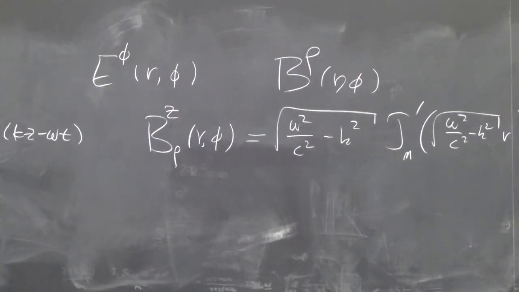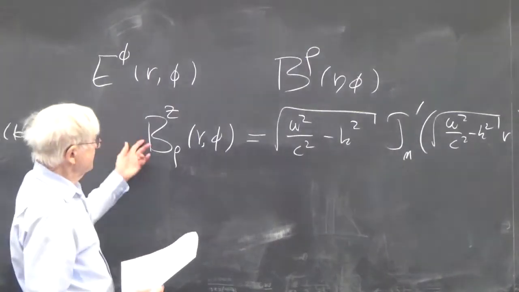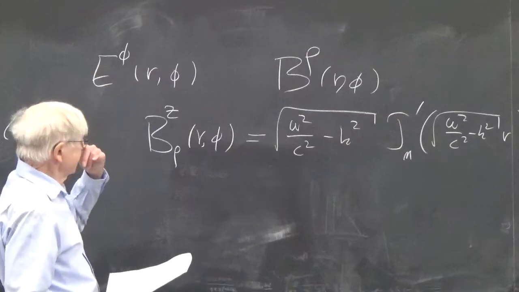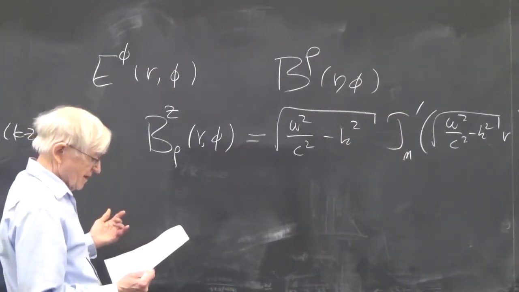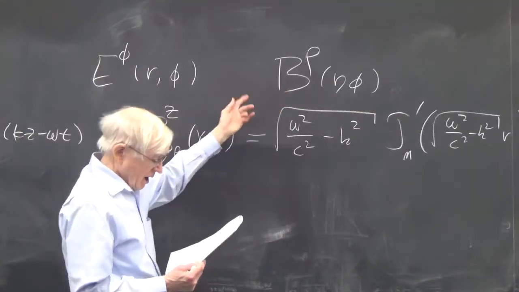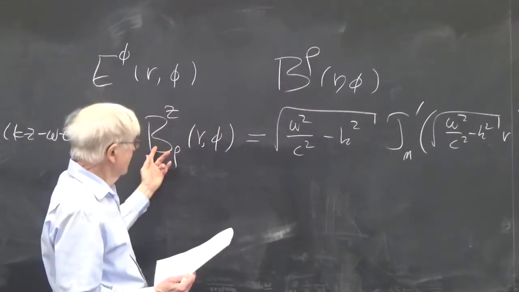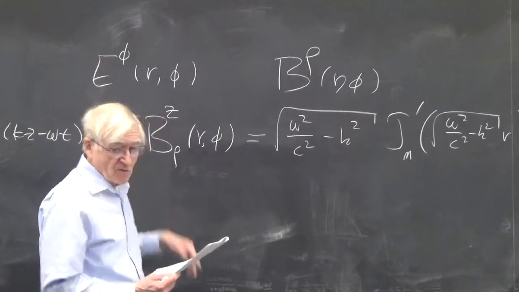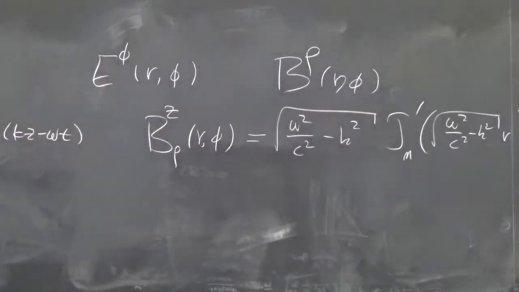So we're basically done, and what you have to do is look in the text and see that E_phi and B_rho are proportional to the rho derivative of B_z. I have the text over there.